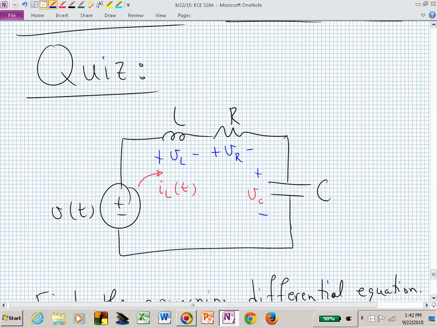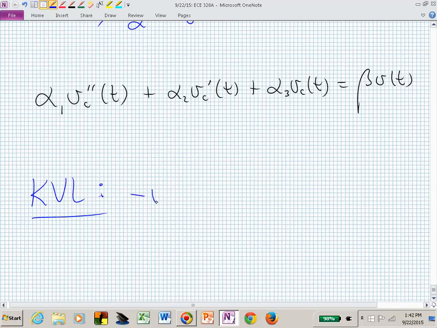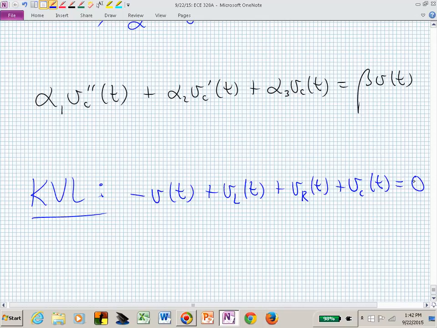I'm going up from the bottom on V of t. I enter the negative sign first. I have minus V of t plus V sub L plus V sub R plus V sub C, and then I get back to where I started. That algebraically needs to sum to 0. There's KVL. I now have minus V of t plus V sub L of t plus V sub R of t plus V sub C of t is equal to 0.